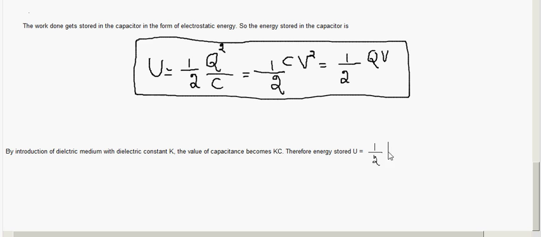So it becomes K times half CV square. By introduction of a dielectric medium, the energy stored becomes K times the energy stored when the medium was air.